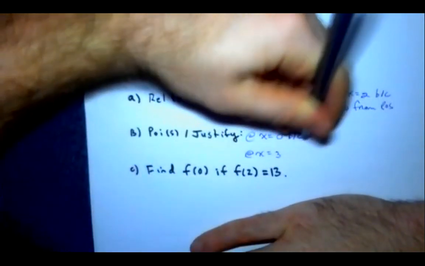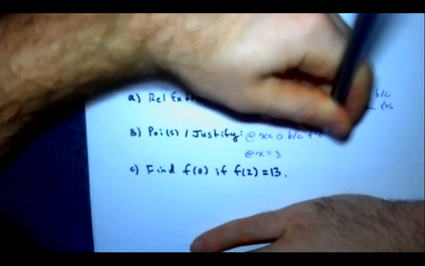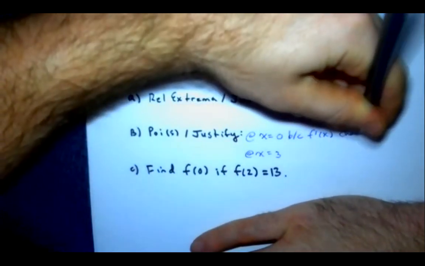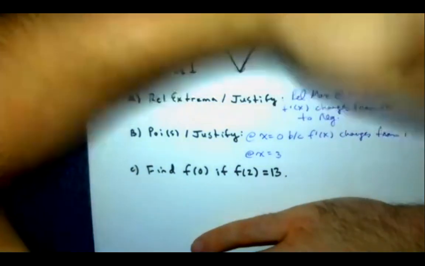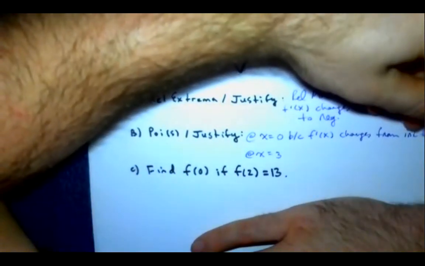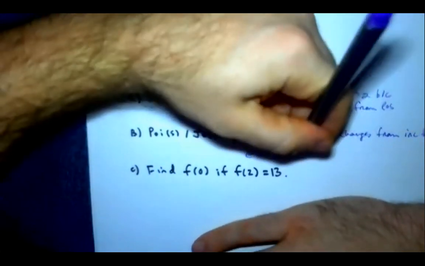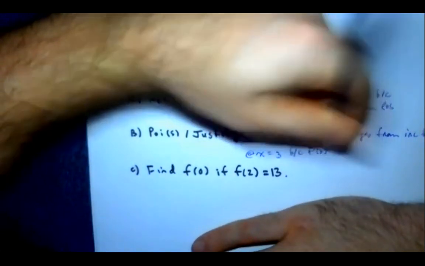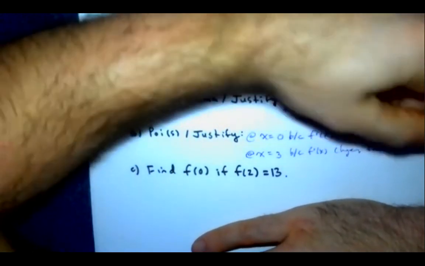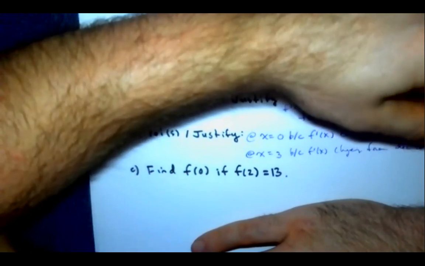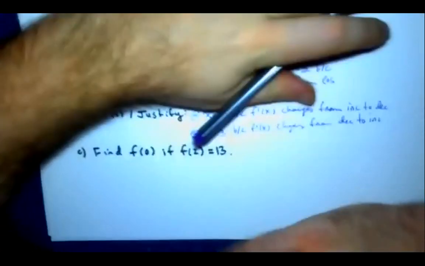It's because f prime of x changes from, for the first one, increasing to decreasing, and for the second one, same thing, just the other way around, decreasing to increasing.